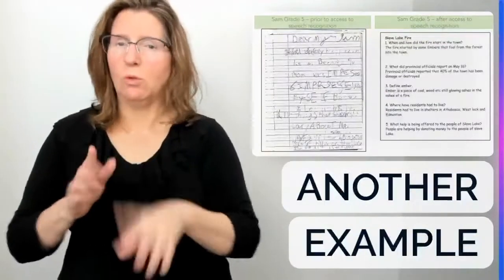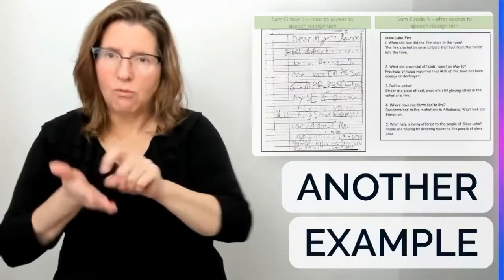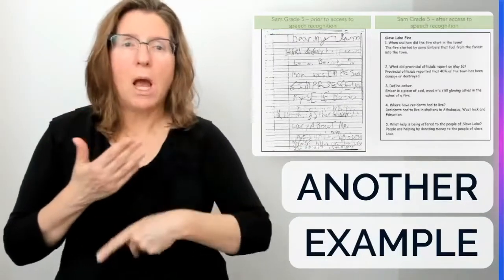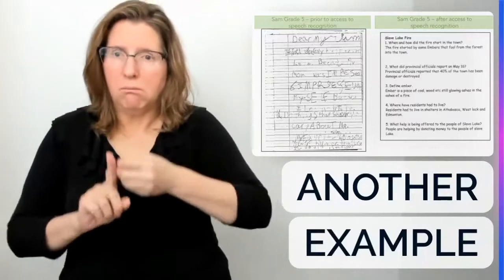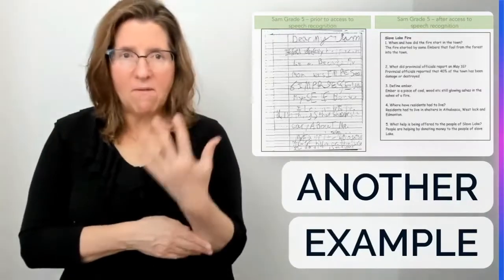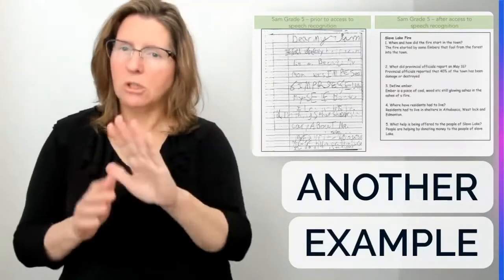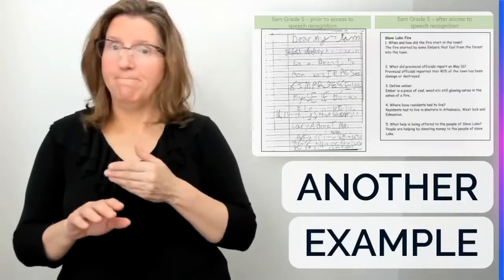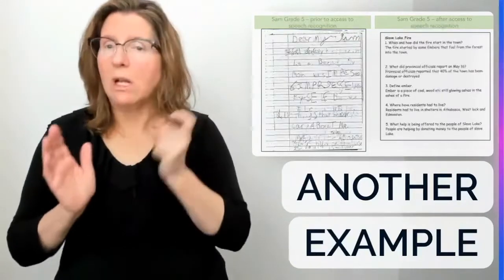Here's another example comparing their handwritten product with one created through voice recognition software. The latter is more complex, organized, and legible. This product is grade 5 work and matches the work of the student's peers. The handwritten product does not indicate grade 5 work.